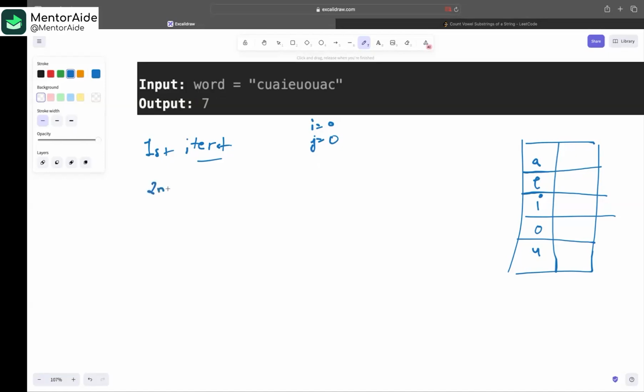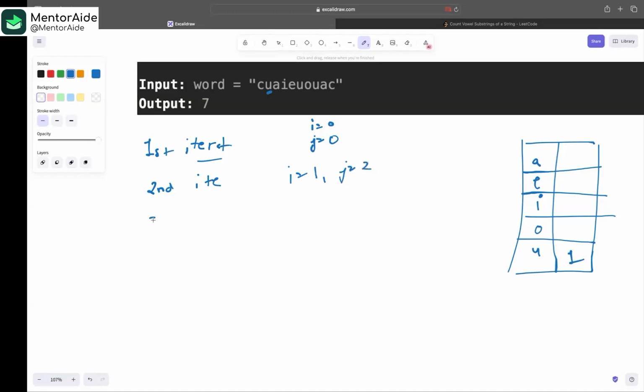Okay. Then what will happen in second iteration? We'll see whether J is a vowel or not. It's a vowel, so we'll increment its count in the hash map. What will be the value of I and J? I is also 1, J is also 1. After this iteration, J will be 2.